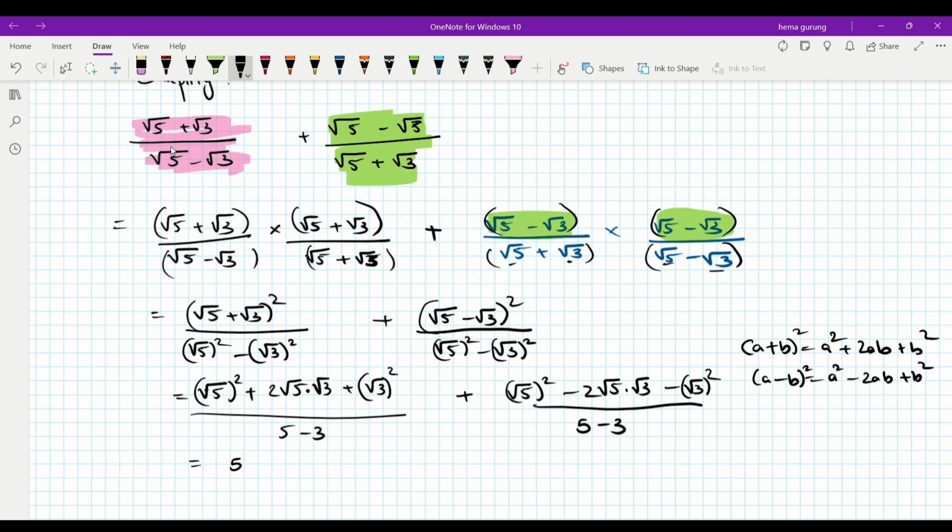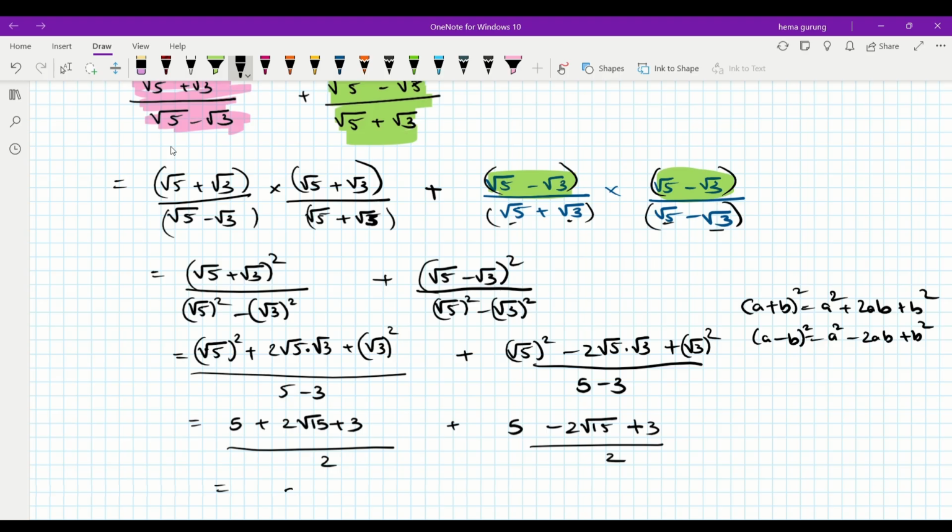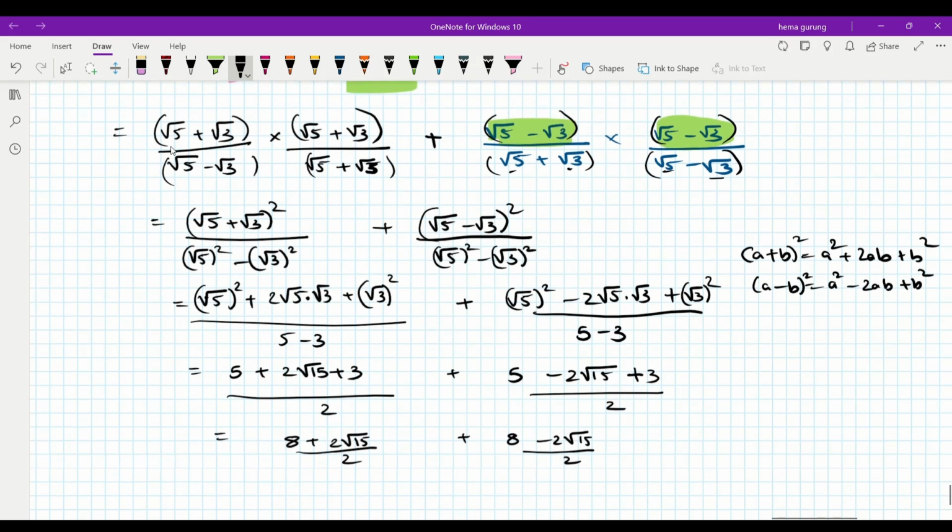So what is it? It will be (5 + √15 + 3). I hope you know how that works. (5 − 2√15 + 3) divided by 2. Okay, so it will be (8 + 2√15)/2, and here (8 − 2√15)/2.